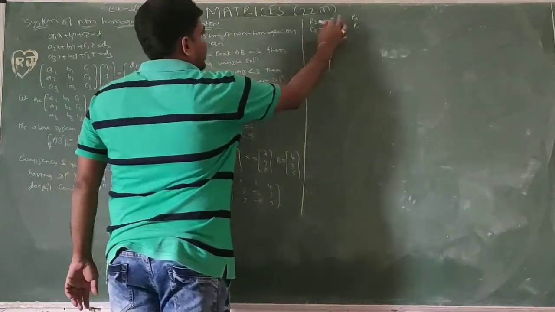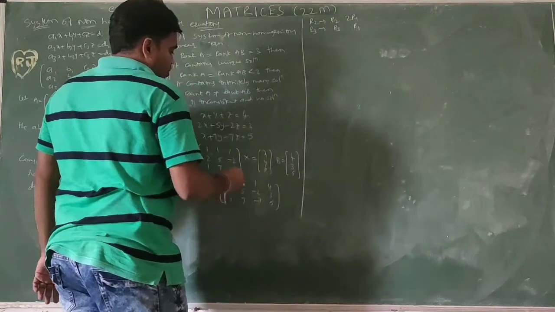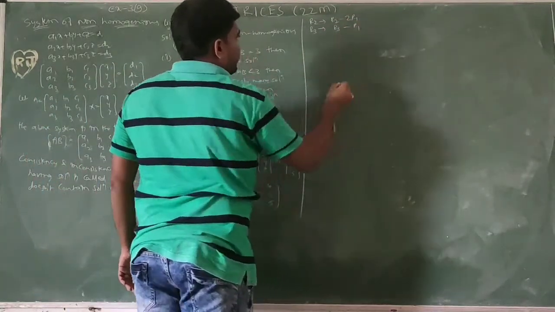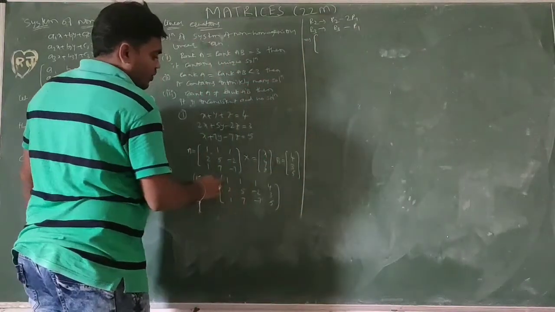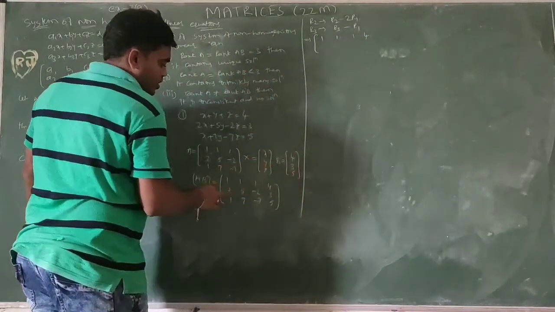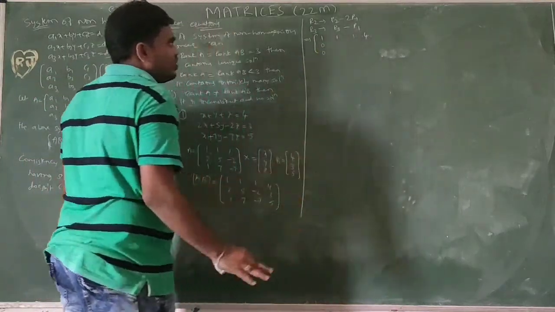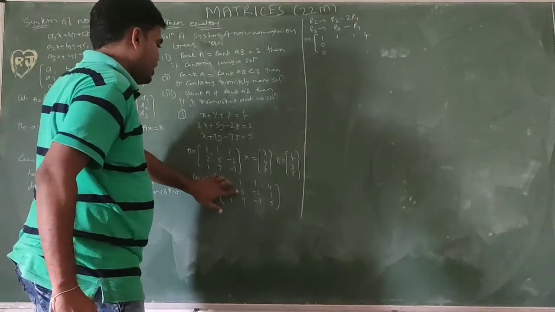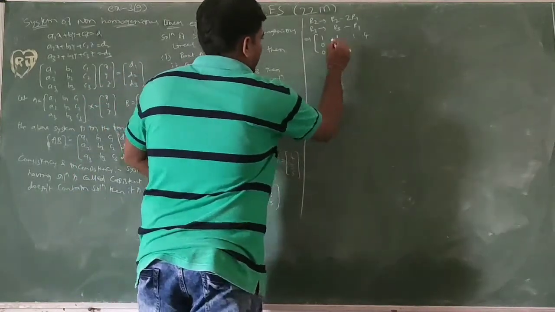Since it is 2 and 1, balance 2, same sign, keeping minus in the middle. First row unchanged: 1, 1, 1, 4. Next, 2 minus 2, 0. These two elements are 0, that's why we are writing the operation. Next, 5 minus 2 into 1, 5 minus 2, 3.